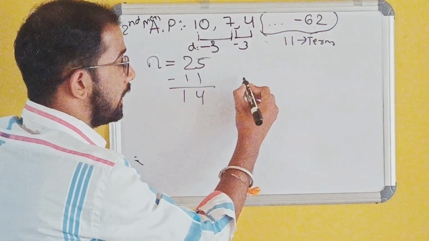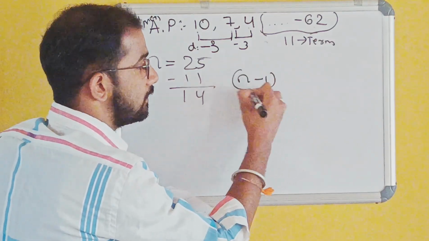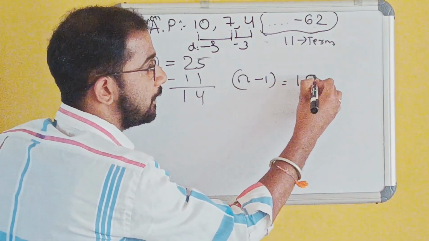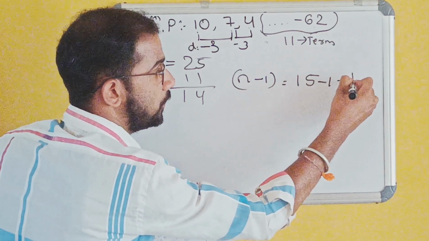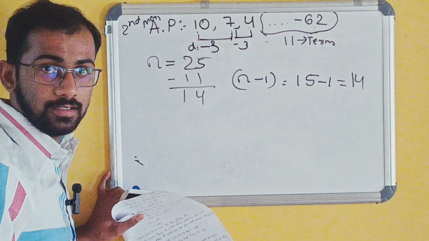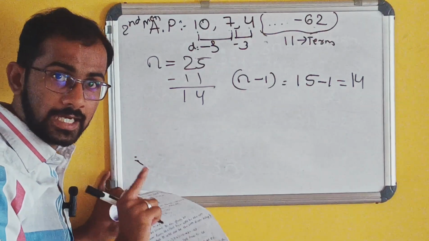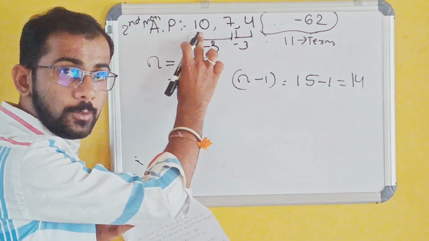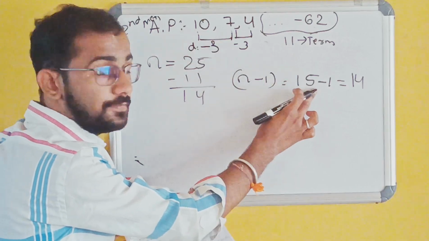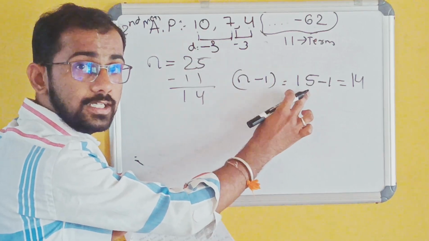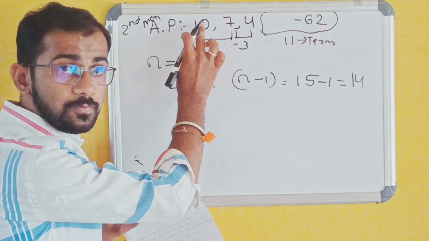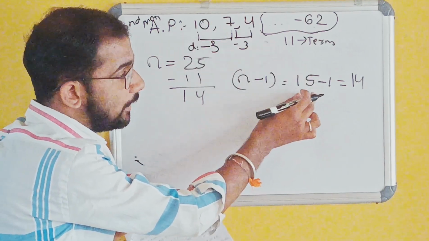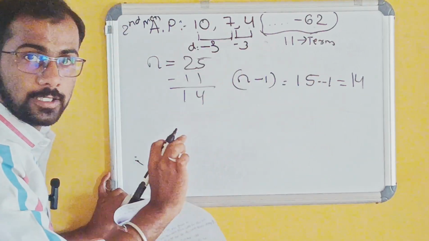That means in terms of n minus 1, that is 15 minus 1 equal to 14. That means from the beginning term, we need to calculate the 15th term from the starting. From the first term, we need to calculate the 15th term.